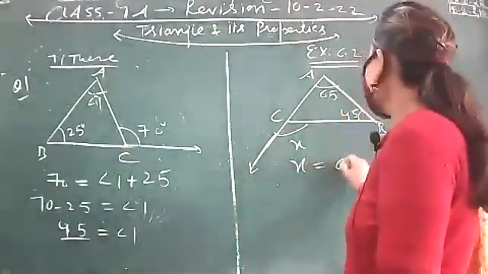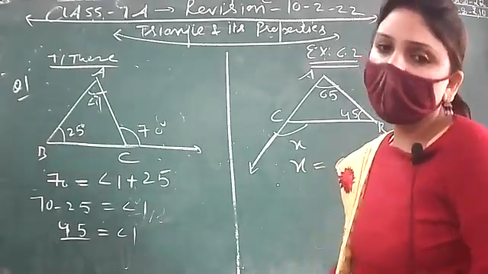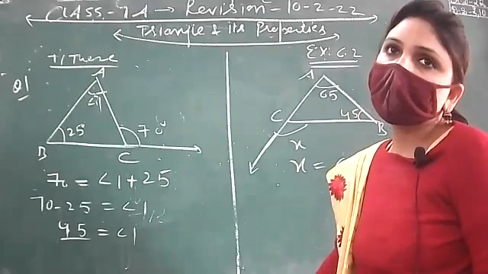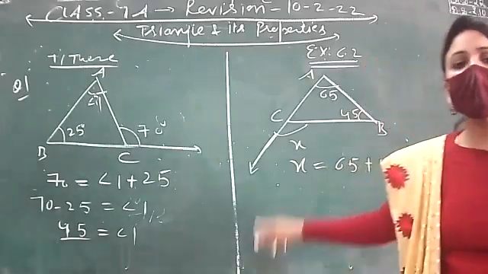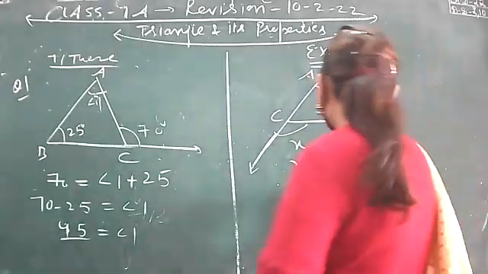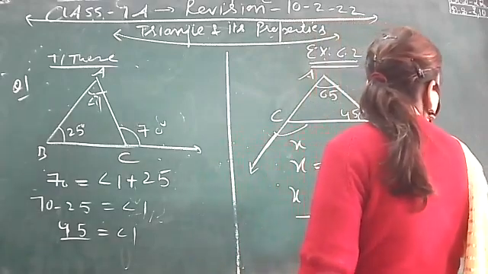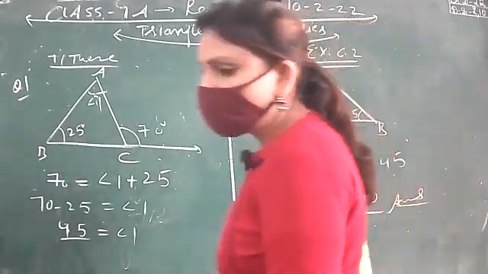X is equal to 65 plus 45. Madhav, which property? Mention the property as well. Exterior angle property says that one exterior angle is equal to sum of two opposite interior angles. So you will have X is equal to 110. X की वैल्यू 110 आ गई.